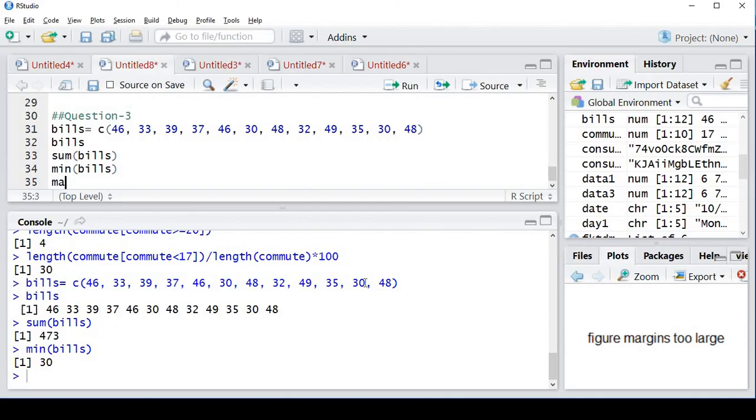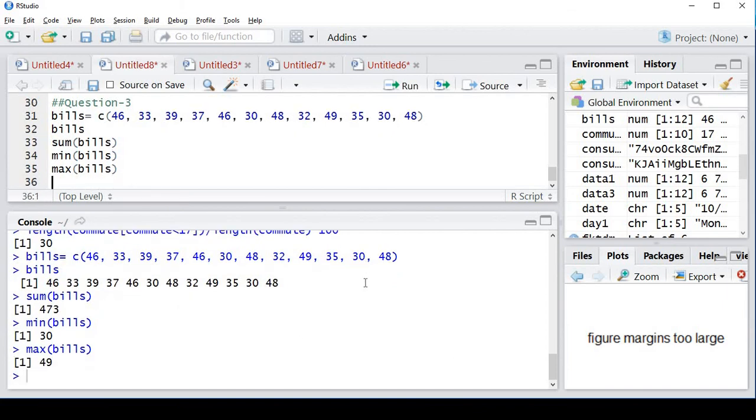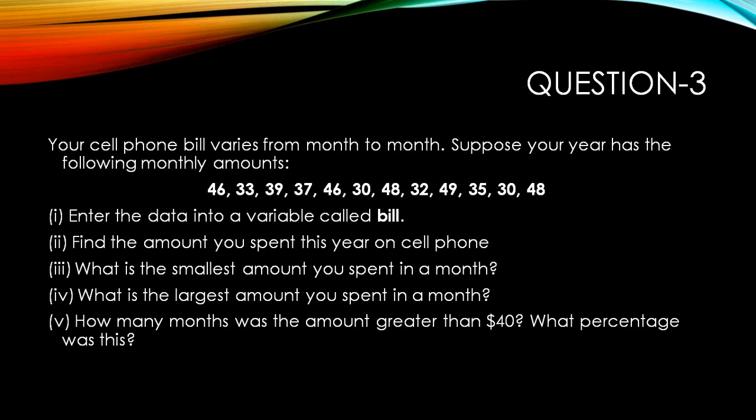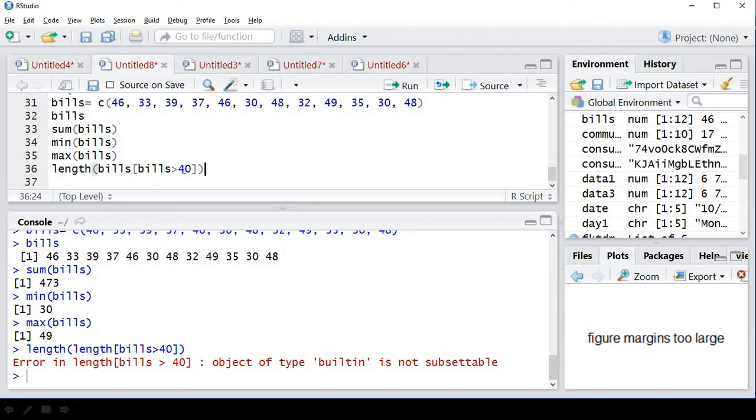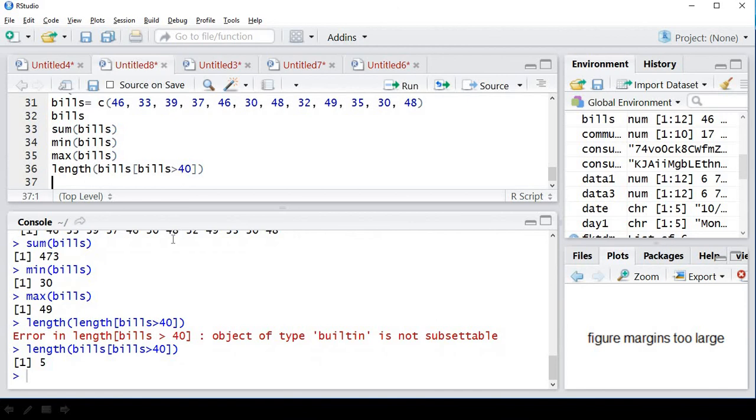So for largest I write max of bills, run it, maximum $49. Then how many times were the bills greater than $40? There are 5 times when the bills were greater than $40. Clear? So this is how we solve these questions.